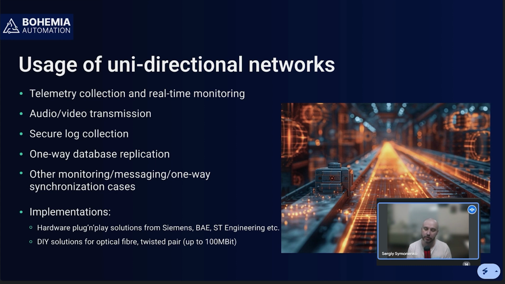But of course you can go with a do-it-yourself solution and create a data diode with twisted pair or optical fiber. It's actually really easy to create something with twisted pair. You just need to connect transmitters in a loop to your receivers to cheat your network hardware that a link is established, and connect receivers to the other side.